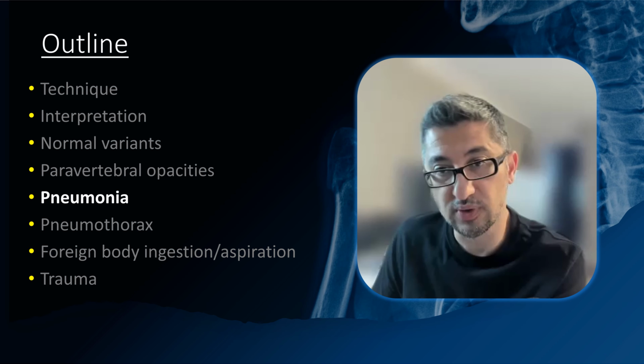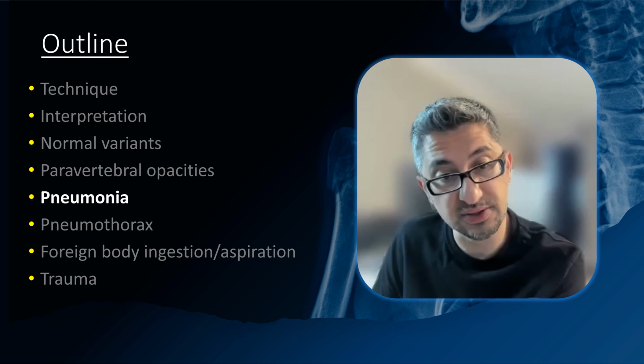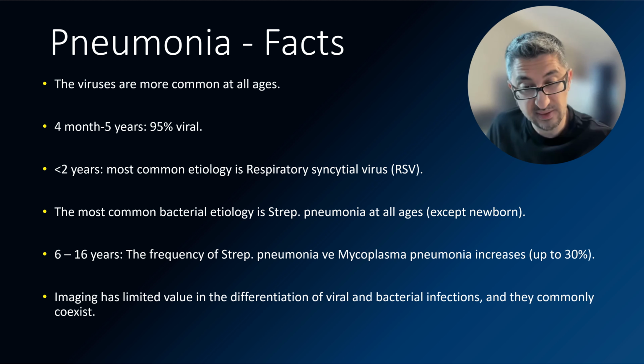Next, I'm going to talk about pneumonia, which is the most common indication of chest X-rays in children. Some facts regarding pneumonia. The viruses are more common at all ages. Between 4 months to 5 years, 95% viral. Under 2 years, the most common etiology is respiratory syncytial virus, RSV, and the most common bacterial etiology is Streptococcus pneumonia at all ages, except the newborn period.